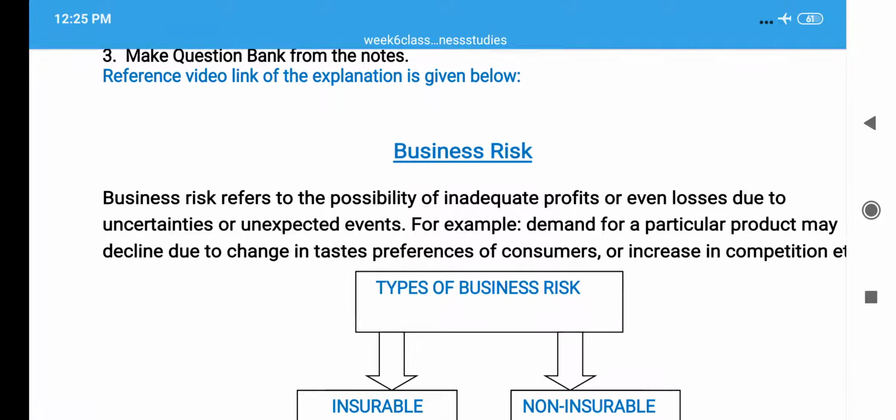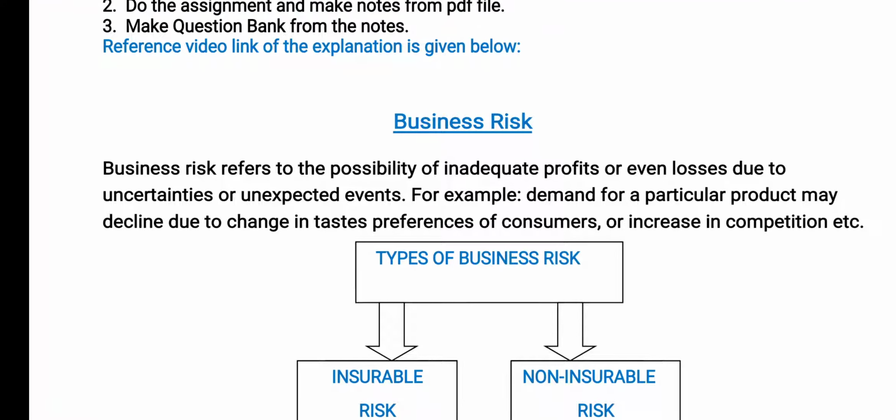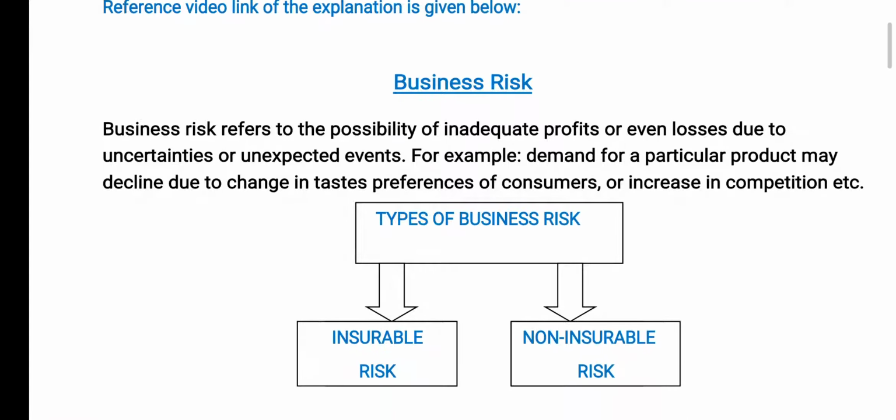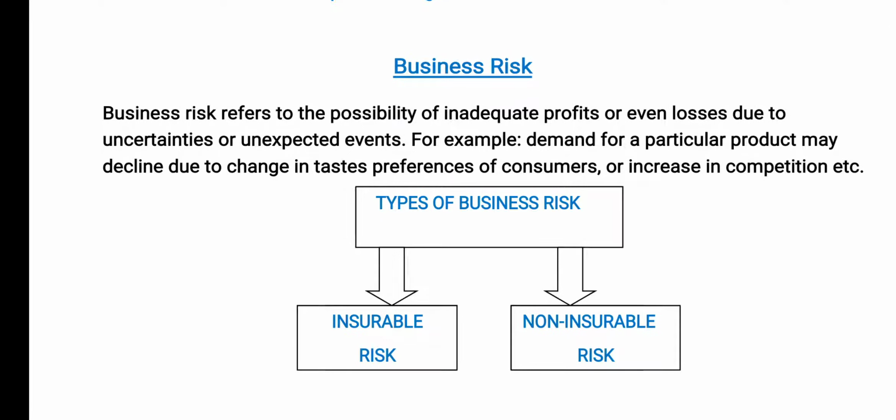So today we are going to do the topic that is business risk, and this is the last topic of our chapter 1. As you know, risk means whenever you are doing anything, you are taking a risk for doing that particular thing.